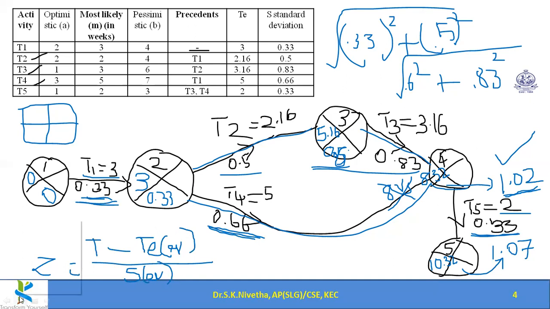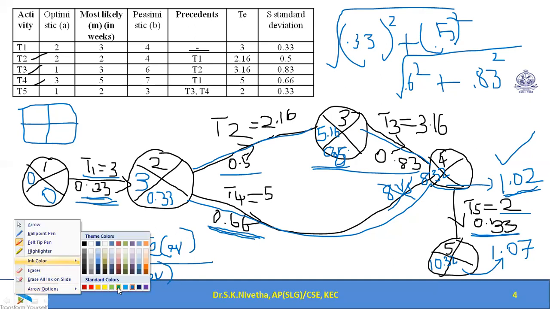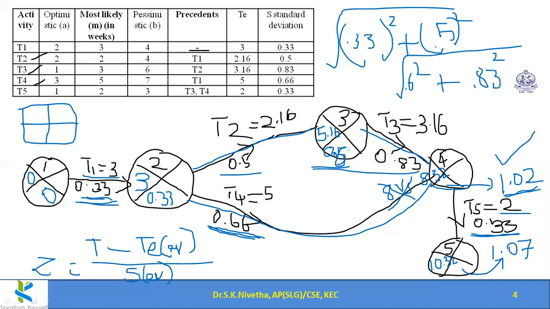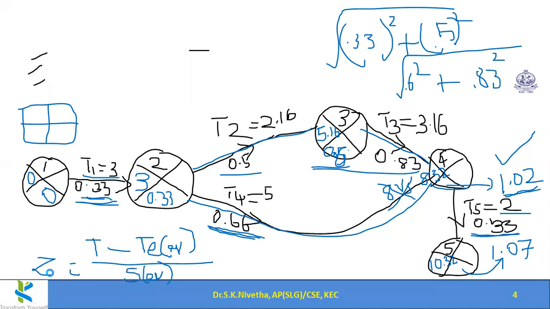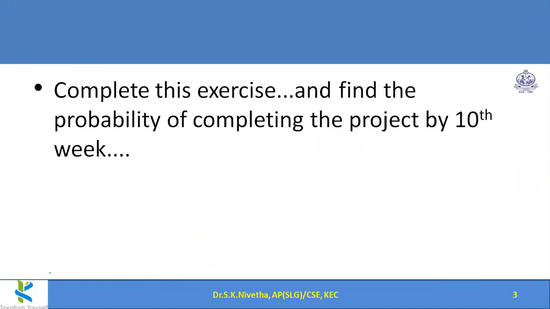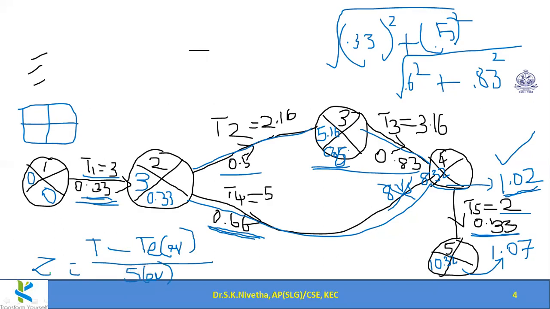In that way we shall calculate. Now, as per the question, what is the question? Probability of completing the project by the 10th week. Completing the project means the 5th event.